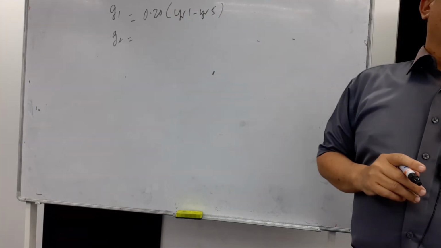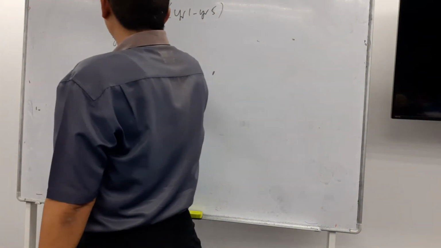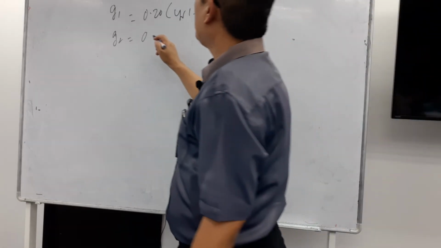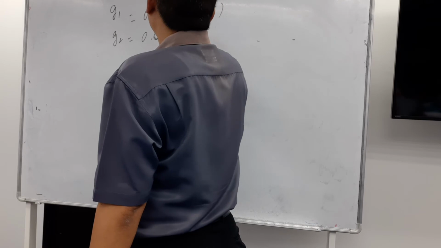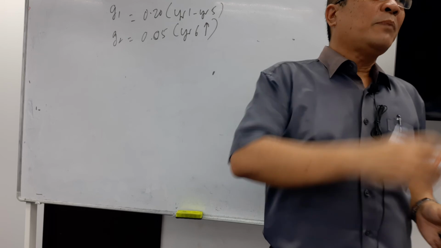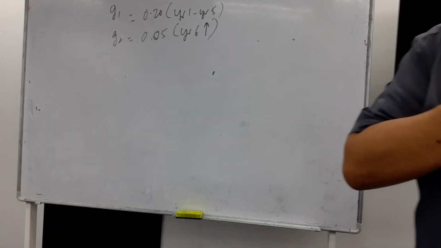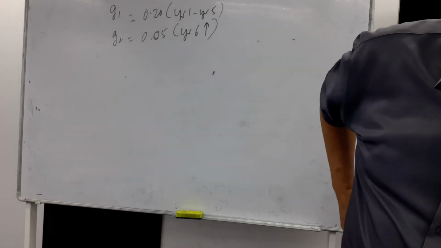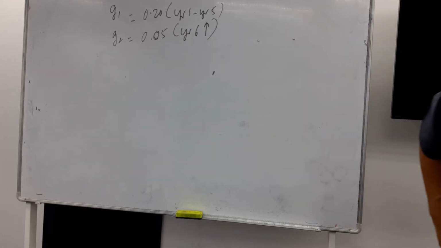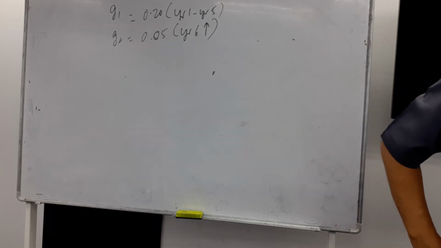And then G2 is 5% from year 6 onwards, from year 6 till the end of time, it will grow at the rate of 5%. So that would be the two-stage growth, meaning there are two different rates of growth.